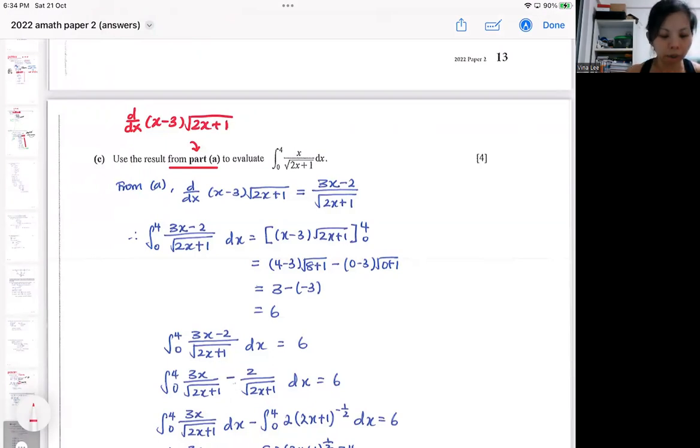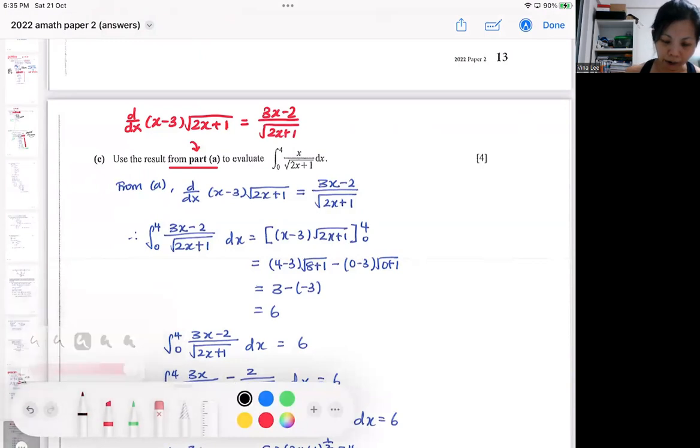And the question already tells you to use the result. So the only way to use a differentiation result is to reverse it back, to integrate back.